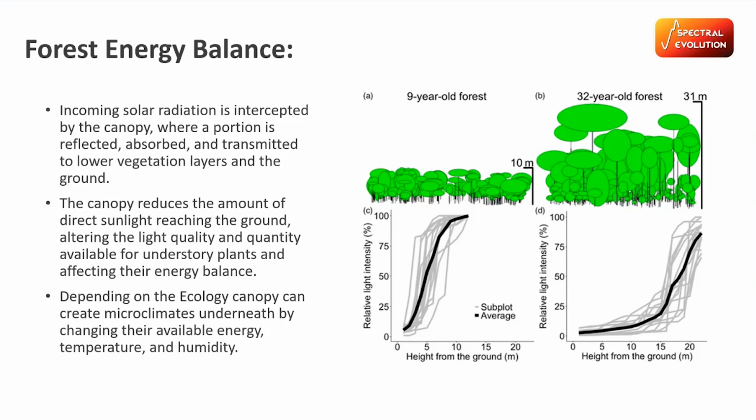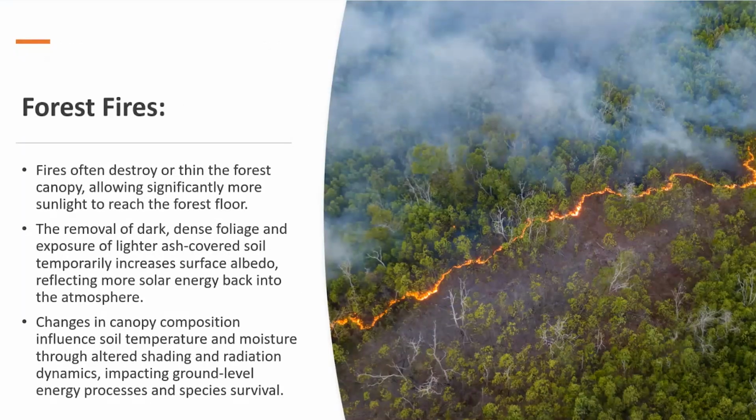And this graph on the right shows basically that as you get an older forest, you get the relative light intensity much higher up in the forest. So you get the taller trees getting most of the energy and not reaching the underneath. And so that can affect things like biodiversity and things like that. But that's the system, and we're characterizing it.